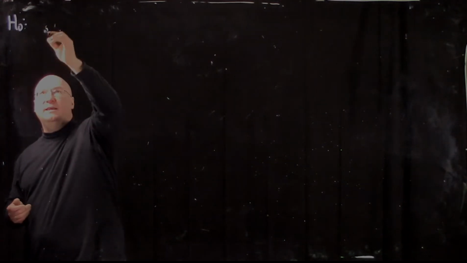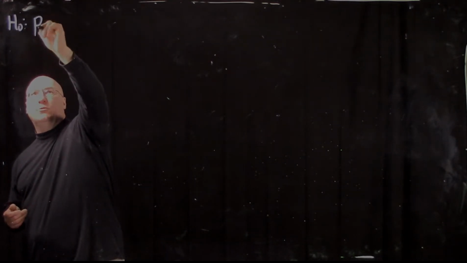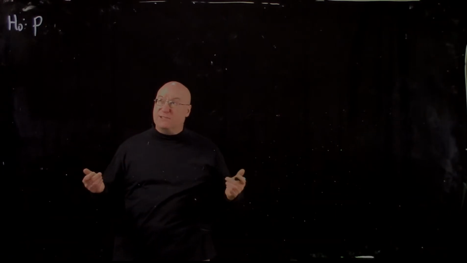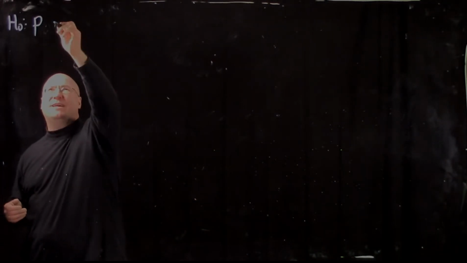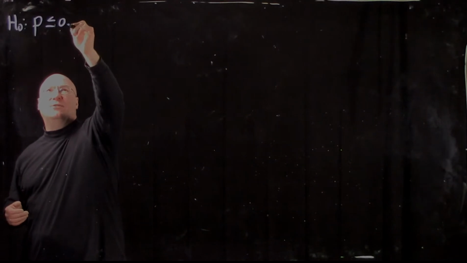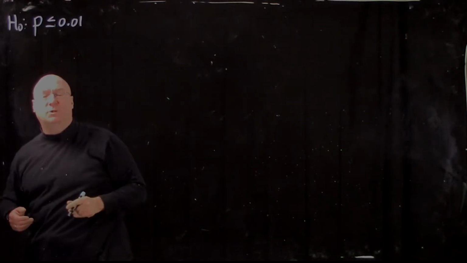So, if p is the actual Monday morning defect rate on the assembly line, then our null and alternative hypotheses are as follows. H naught says that they boast that the rate is no more than 1%, so p is less than or equal to 0.01, sorry, 1/100th.